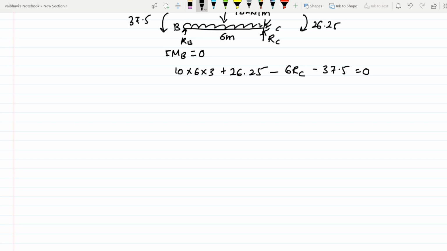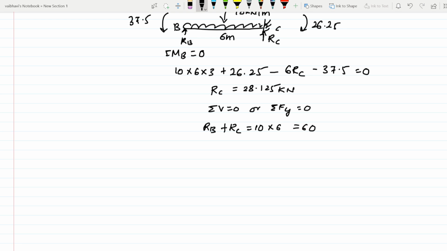Now on simplification, RC equal to 28.125 kilonewton. And taking summation of vertical forces equal to 0, or sigma Fy equal to 0, we get RB plus RC equal to 10 into 6, that is intensity of UDL into the span over which it is spread, that is 60.